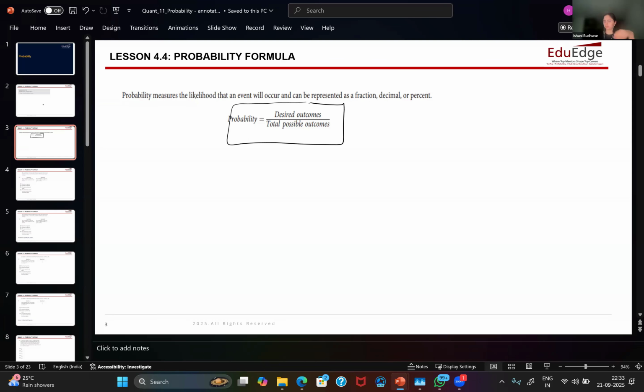Which means there's a numerator and denominator. Denominator is total number, and with a certain constraint or with a certain experiment, the desired outcomes are the numerator. Always probability is less than or equal to 1 and greater than or equal to 0.